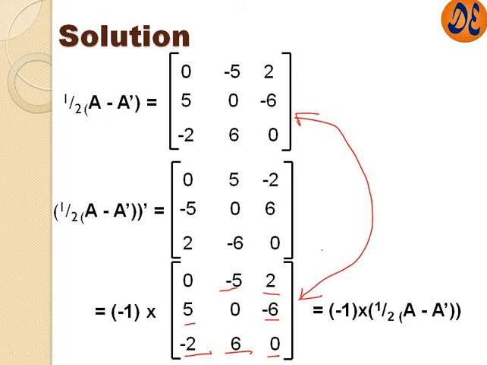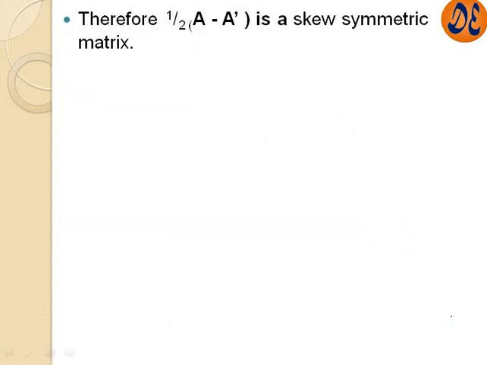So that is equal to minus 1 into the matrix over here. Therefore half of A minus A dash is a skew symmetric matrix.